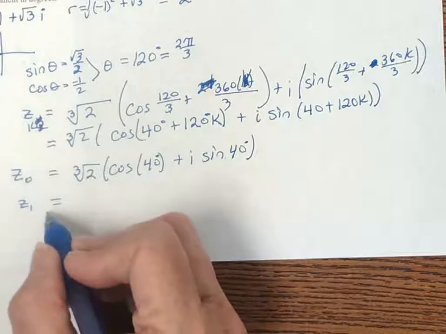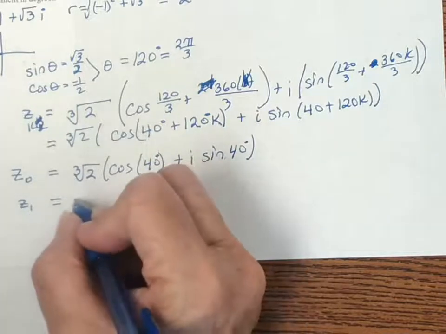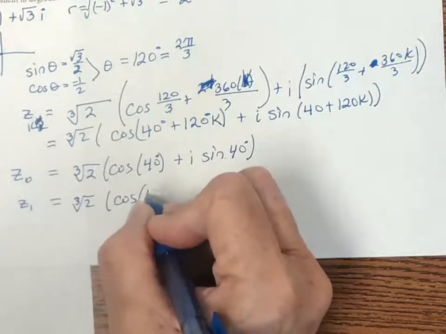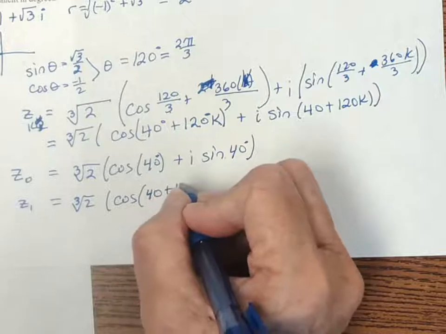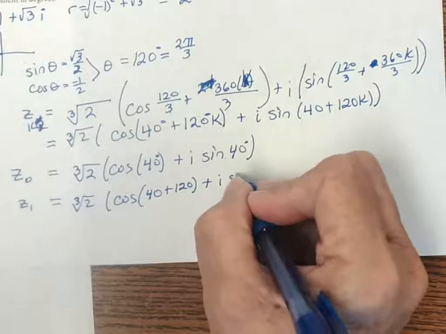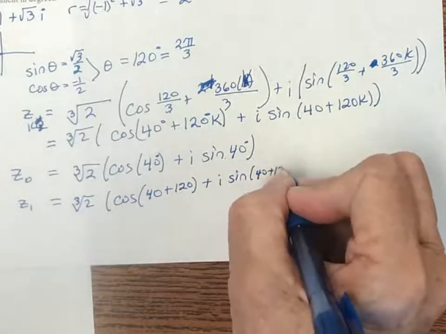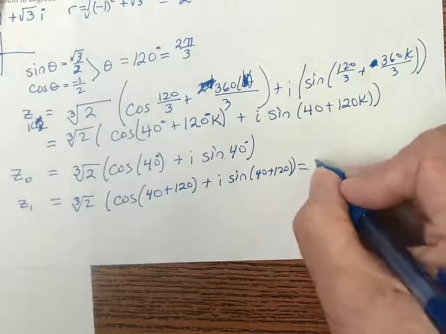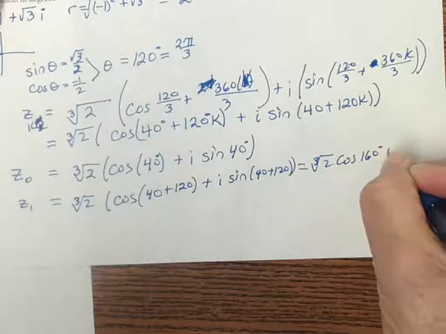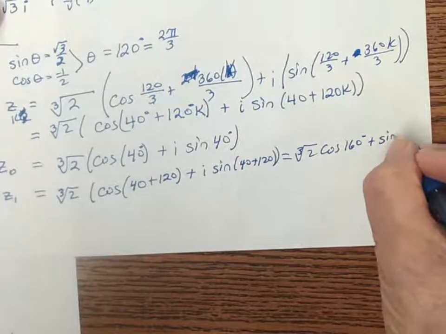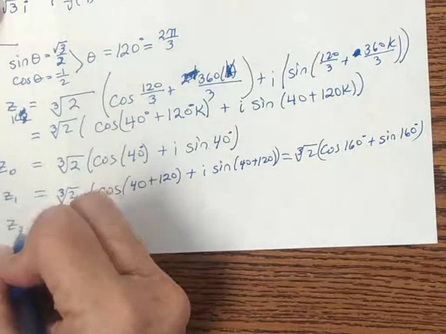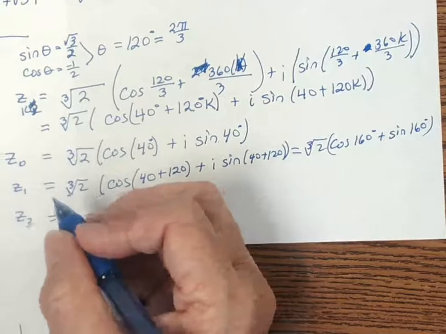That's one of the cube roots. For the second cube root, I put a 1 in here. So I'm going to have the cube root of 2 times the cosine of 40 plus 120 times 1 is 120, plus i times the sine of 40 plus 120. Or in other words, the cube root of 2 times cosine of 160 degrees plus i sine of 160 degrees. And my third cube root, oops, that's a 2.